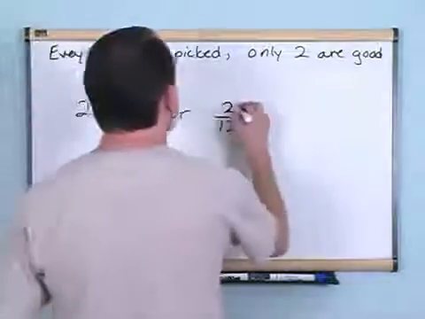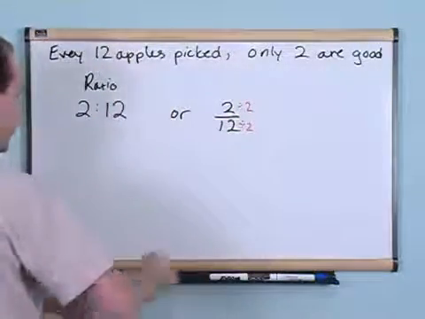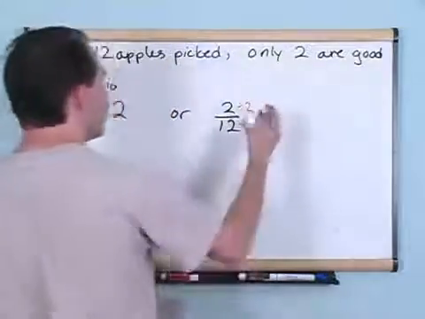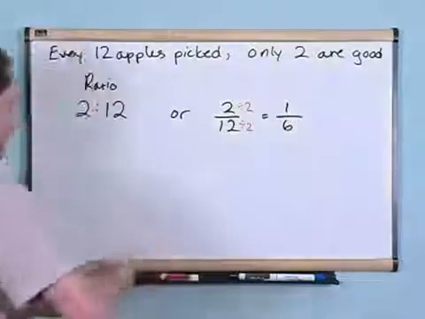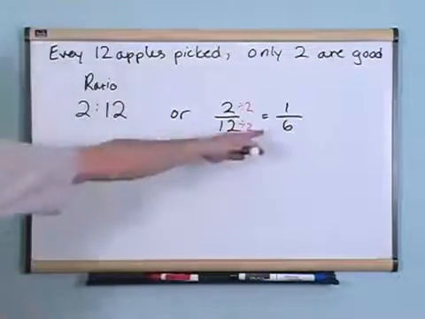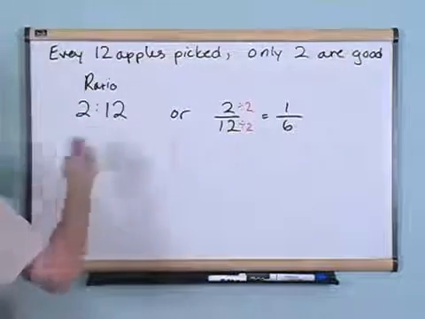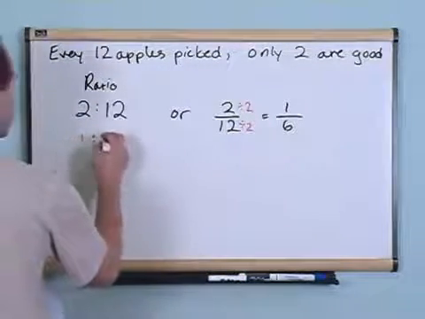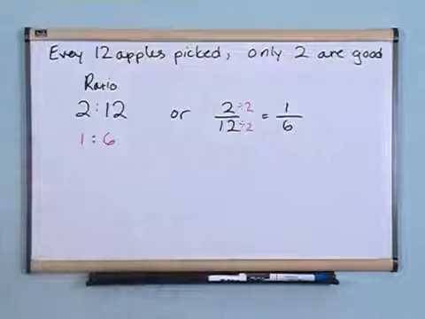We can divide the top by 2 and the bottom by 2, okay, just like any fraction, nothing special. 2 divided by 2 gives you 1. 12 divided by 2 gives you 6, okay? And so because this is the simplified version here, you can do the same thing over here. So this can be 1 colon 6. Just the same thing. 2 divided by 2 is 1. 12 divided by 2 is 6.